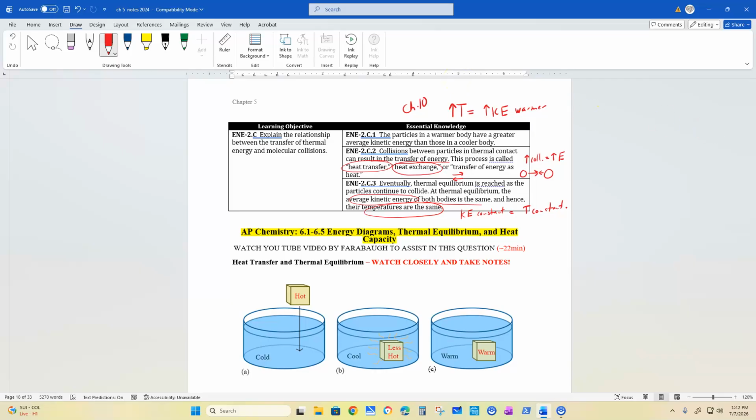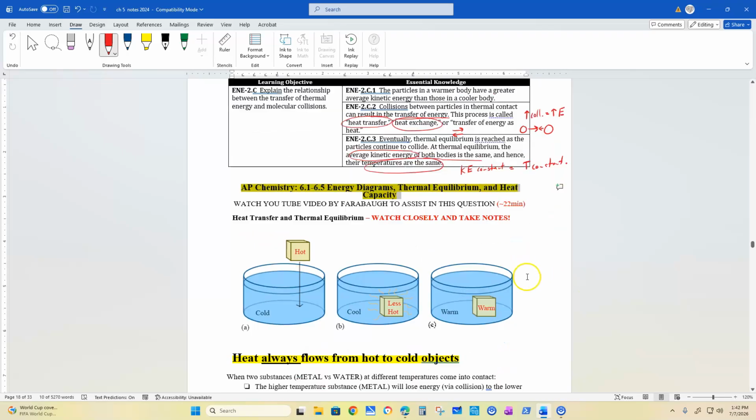We have a couple AP type problems where my good friend Mr. Fairbraw did some lab scenarios to help you with this, at approximately 22 minutes. I'm going to do this one with you, but if you need a little bit more love from Mr. Fairbraw, please just copy and paste this title right here into YouTube. Fast forward to about 22 minutes, and then you'll get some assistance.